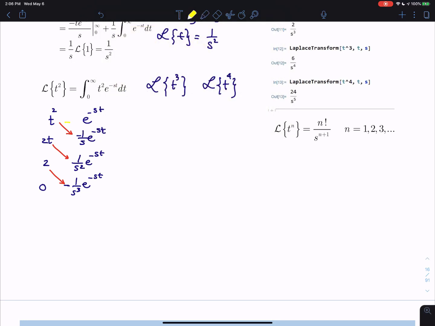and also not forget to, that's not a good color to choose. Let's choose green. So that's a plus, that's a minus, and that's a plus.